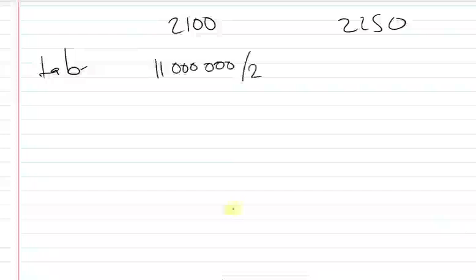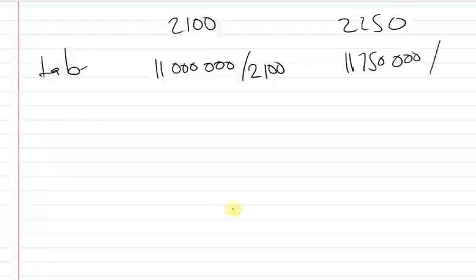If I divide by 2.1, it should be the same as here, 11,750 divided by 2.1, because we said that variable cost per unit is the same. So when I say 11 million divided by 2,100, I'm finding that it's 5,238, right?